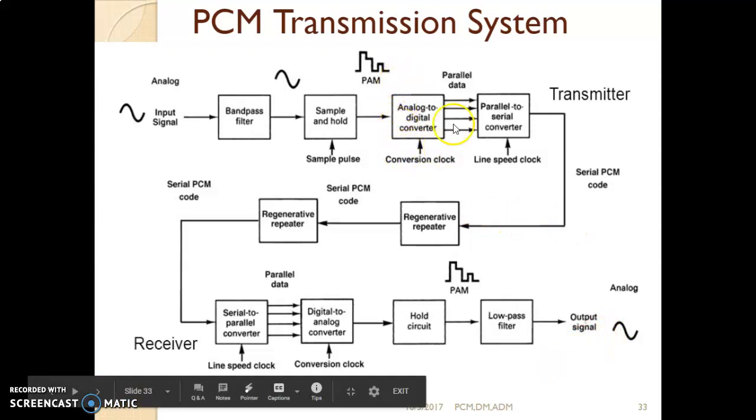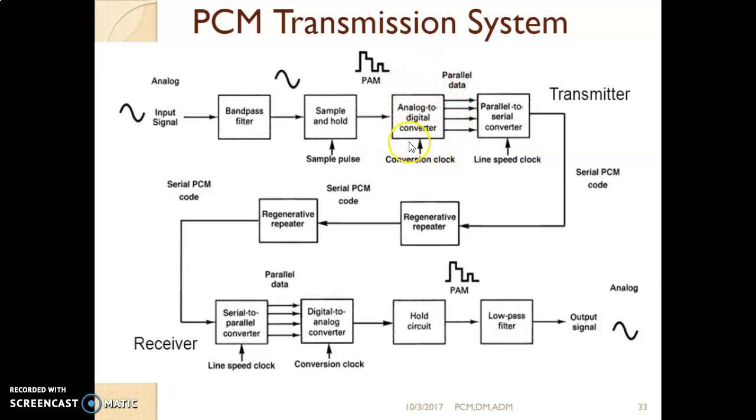A PCM code is assigned in the analog to digital converter, and that particular code can be of 2-bit, 3-bit, 4-bit, 8-bit, and that is dependent on the resolution and step size which you want, and that particular code will be assigned. That is called the encoding process.